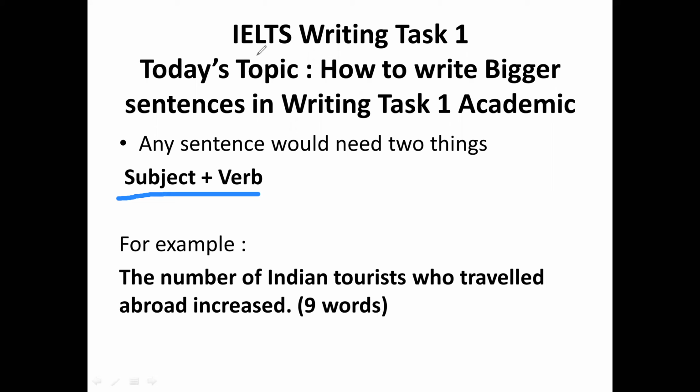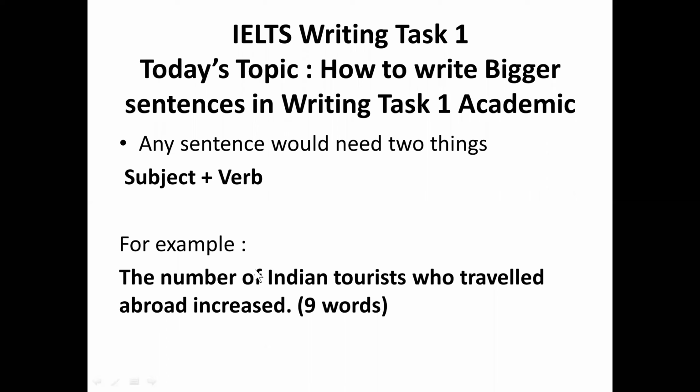Now, in this sentence, the number of Indian tourists who traveled abroad is the subject and increased is the verb. So you need the subject and the verb for a sentence to be called a complete sentence. This entire sentence is of 9 words.